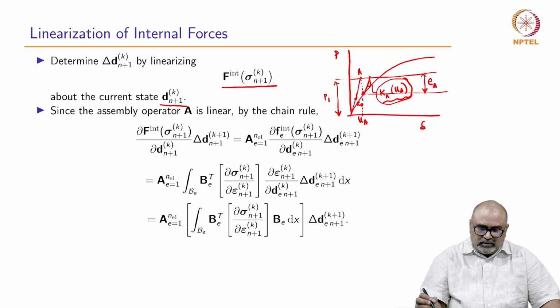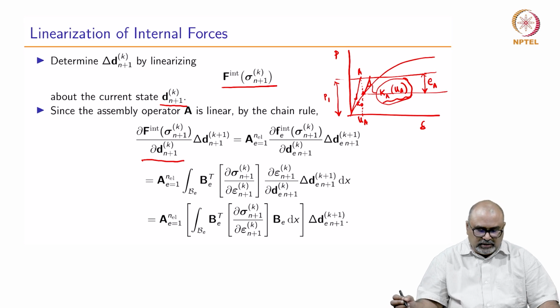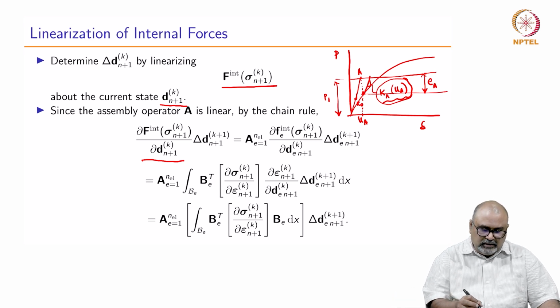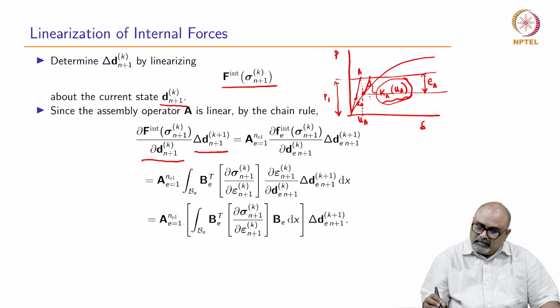Now, I need to linearize by following a chain rule. So, I take the global internal force, dou F internal sigma n plus 1 k by dou d n plus 1 k, times delta d n plus 1 k. This increment in displacements is going to be my delta d n plus 1 k plus 1. This is simply equal to an assembly over all the elements of the change in the internal force over a typical element with respect to the displacement, dou F_e n plus 1 k, times delta d_e n plus 1 k plus 1.